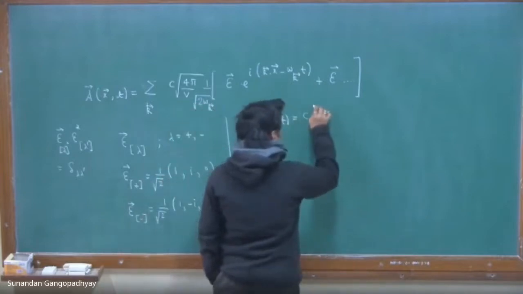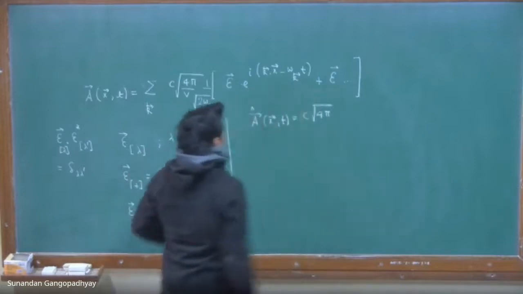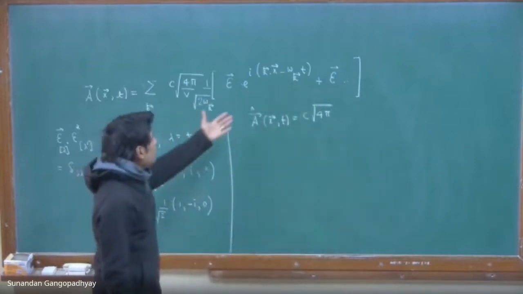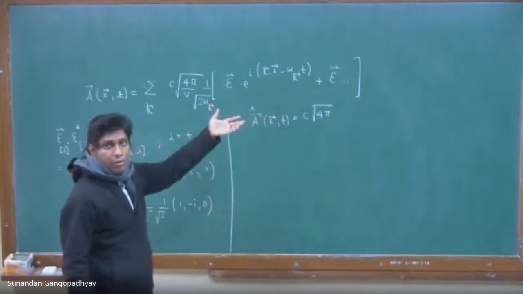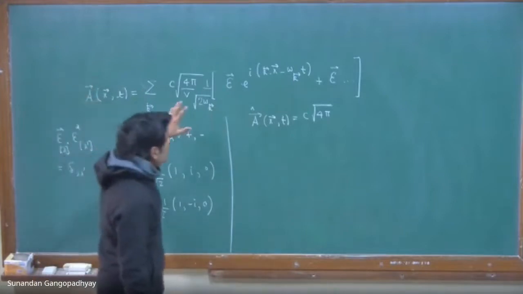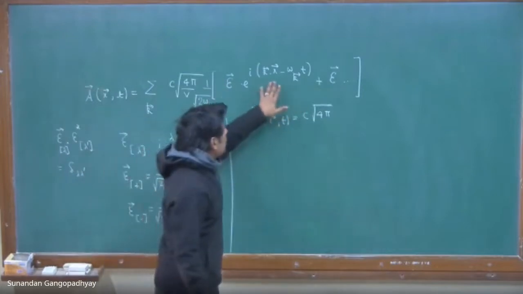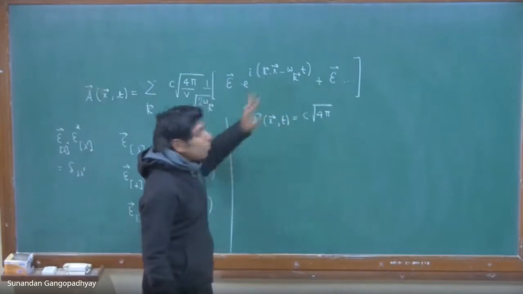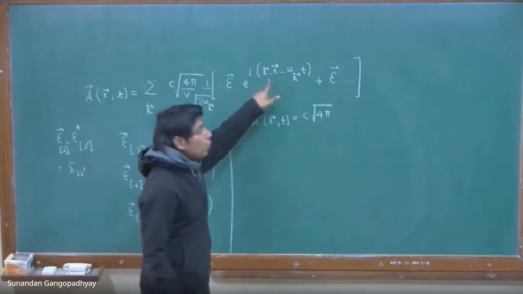These were the solutions of the wave equation satisfied by the vector potential. We wrote the general solution in terms of the solution which corresponds to a particular mode k.